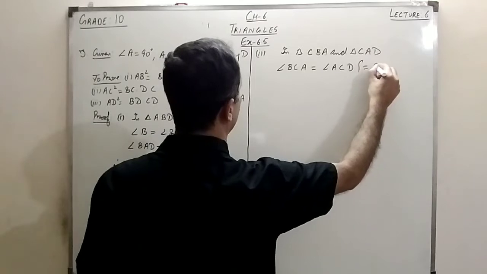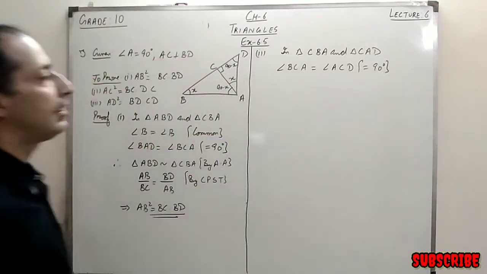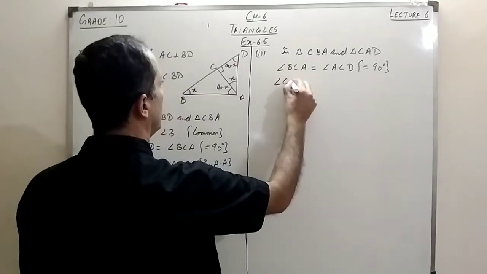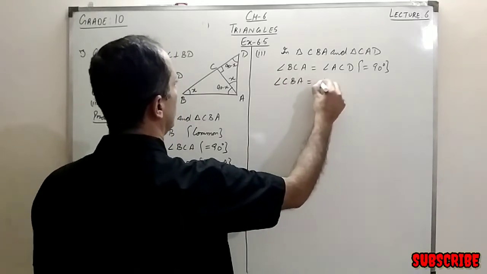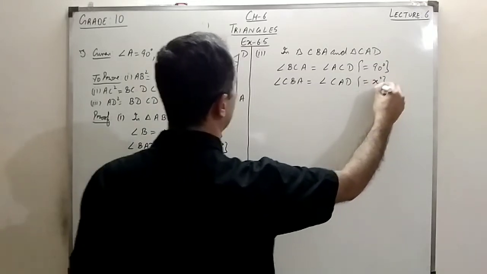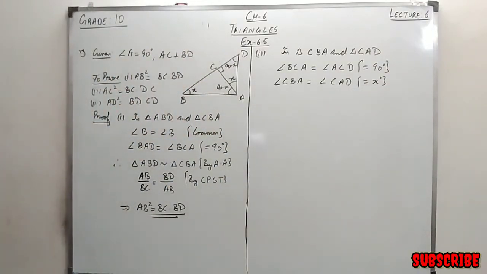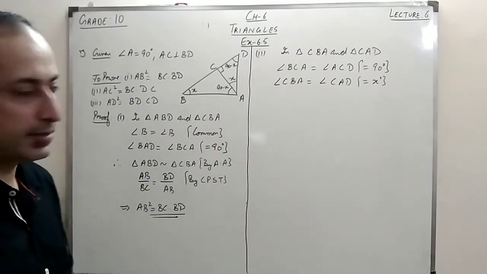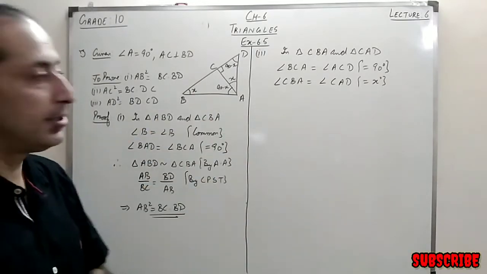Obviously it's quite simple, they are of 90 degree. And the other angle, suppose angle CBA is equal to angle CAD, and both are x. So, see, this way you can also do the second question of this exercise by proving the triangles similar.